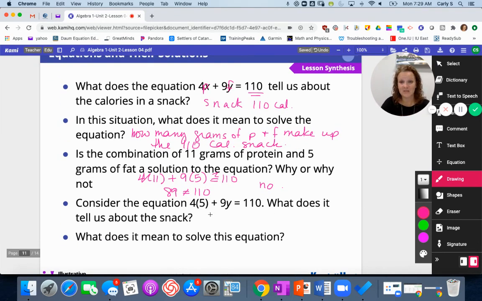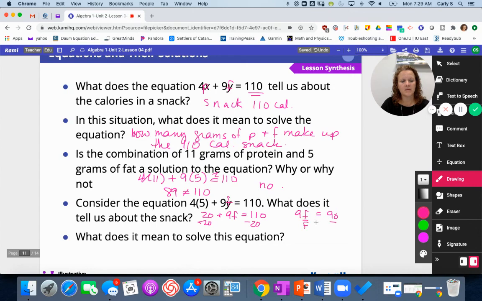Consider this equation. What does it tell us about the snack? Well, and this is, again, fat. Let's see. 4 times 5 is 20. 9 fat equals 110. Subtract 20 from both sides. And I have 9F equals 90.